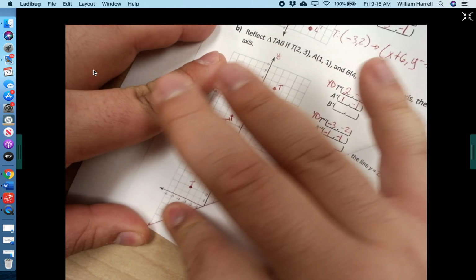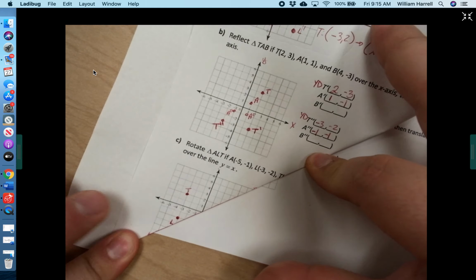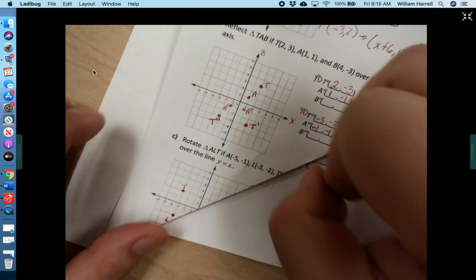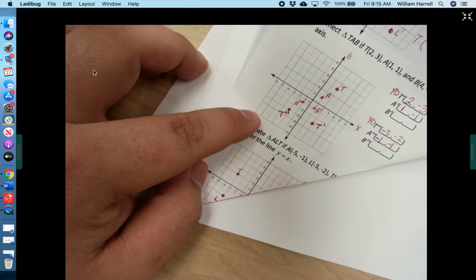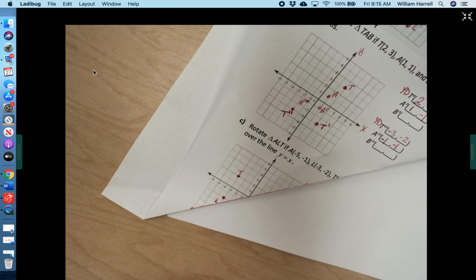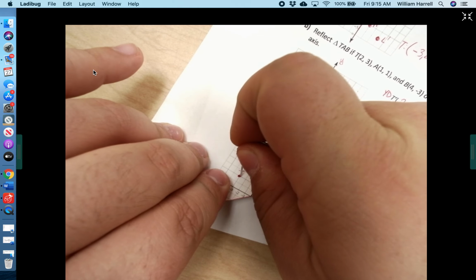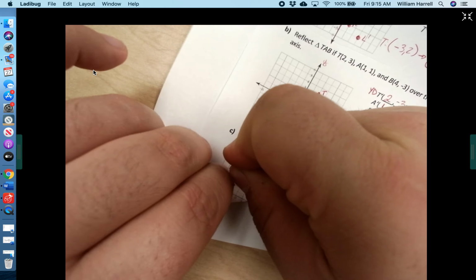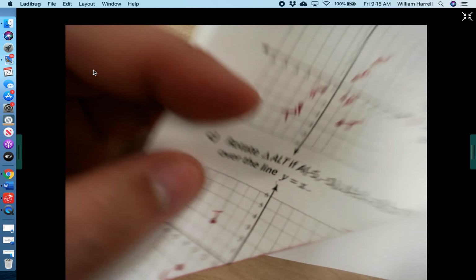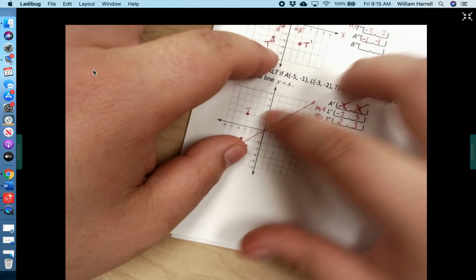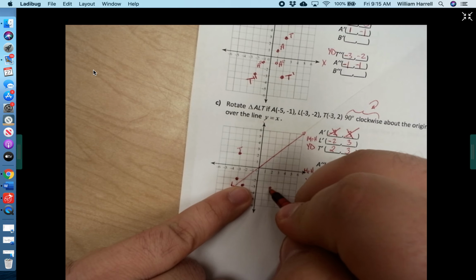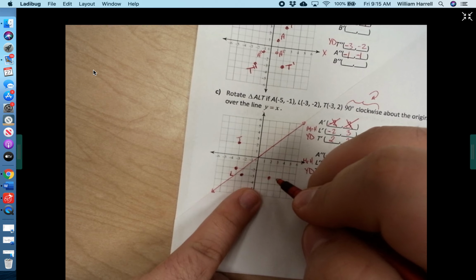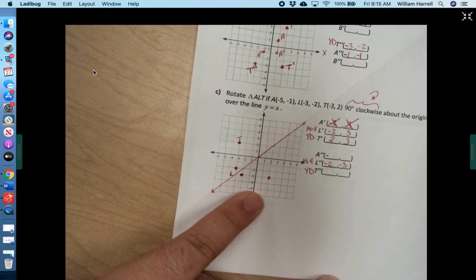Because if you don't remember the rule, no harm, no foul. Again, see how I'm folding along the crease line? And then you just take your pencil, take your pen, and push down really, really hard. Or in this case, so I can be a little bit more accurate, I'm just going to poke a hole in the paper, pick the paper up, and where this hole is, right there, that's my new point. This always, always, always works.